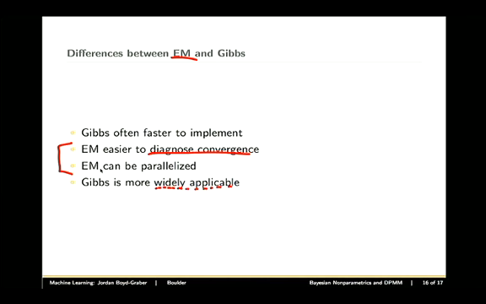But the flip side is that EM can often be parallelized fairly easily. If you're at Google or something like that, oftentimes EM can be stupidly parallelized across thousands of machines. Whereas with Gibbs sampling, because you basically have this connection from one point to every other point, and that changes everything, it's a little bit harder to parallelize.